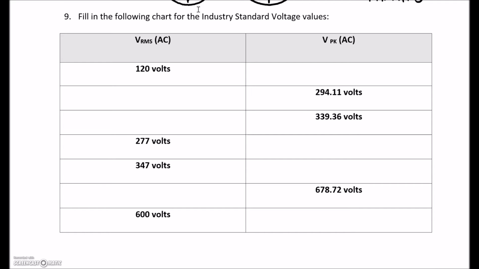Again, we know that our RMS voltage is equal to our peak voltage times 0.707. And in order to find our peak voltage, that's equal to our RMS voltage multiplied by 1.414.